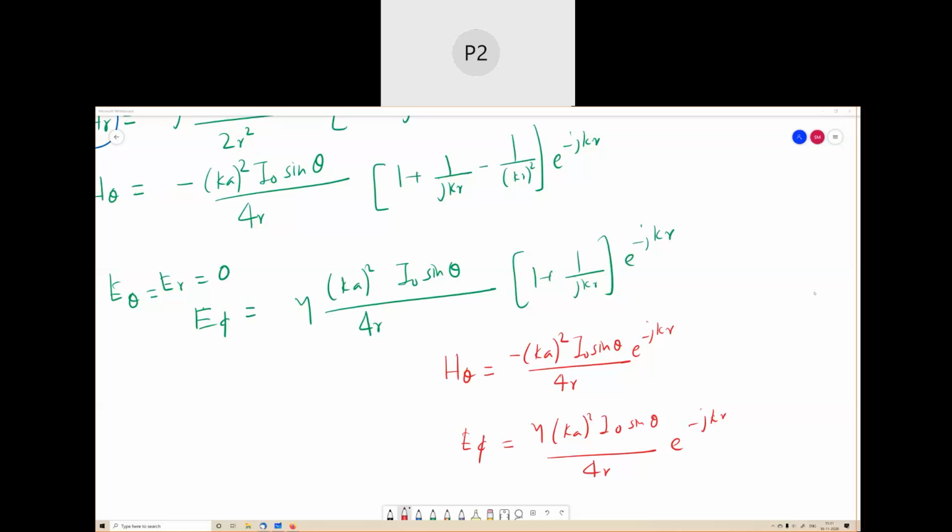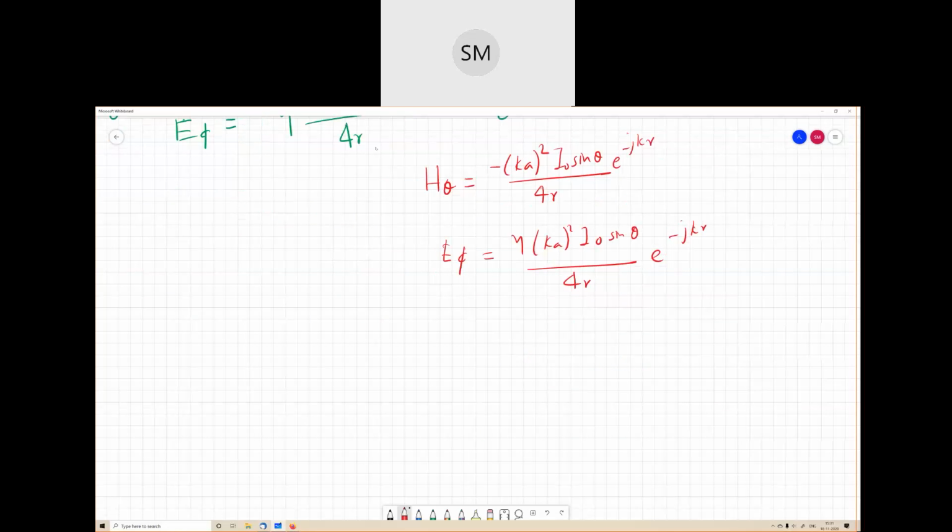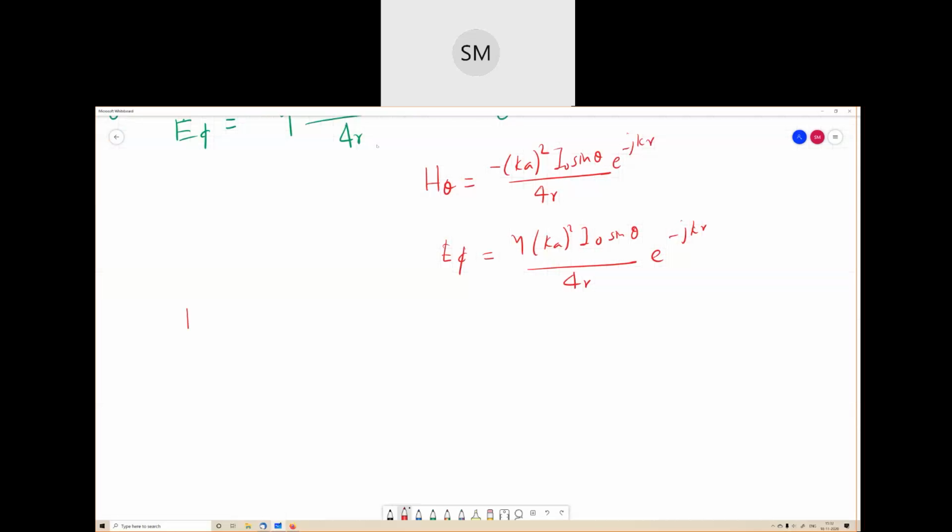What was the directivity of a Hertzian dipole? We have derived it. Exactly. 1.5. So this will also have the same directivity, 1.5, because it also has a sin theta pattern. Right?